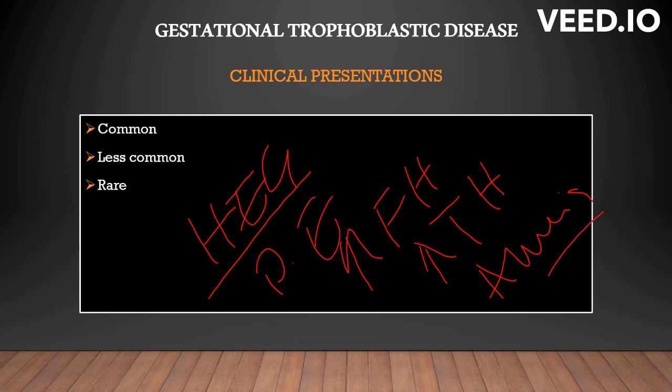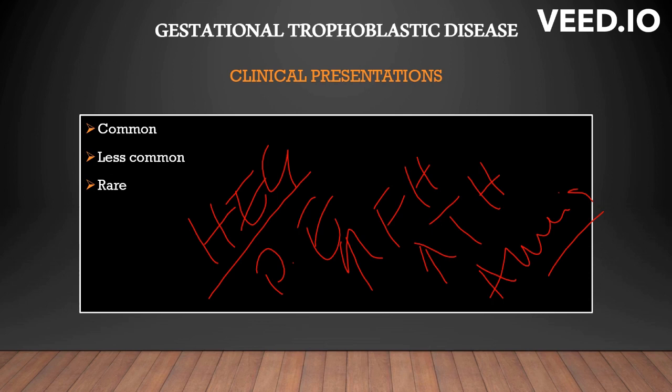There is excessive fundal height in these patients. Because of abnormal proliferation of trophoblastic cells, the fundal height increases excessively compared to the actual gestational age. A patient having 2-month amenorrhea is found to have a 14 or 16 weeks size fundal height, which does not correspond to the actual uterine size, the actual gestational age.